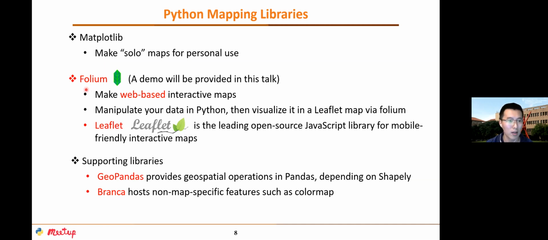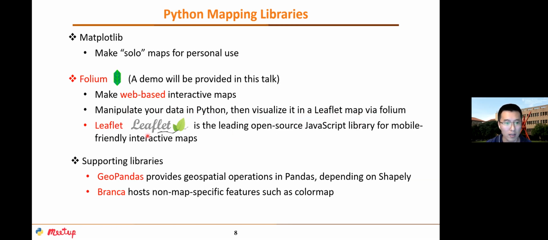Another option is the Folium library. Later in this talk, I will go through a demonstration example for this library. Basically, this library makes web-based interactive maps. The philosophy of this library is we can manipulate the data in Python, then visualize it in a Leaflet map via Folium.